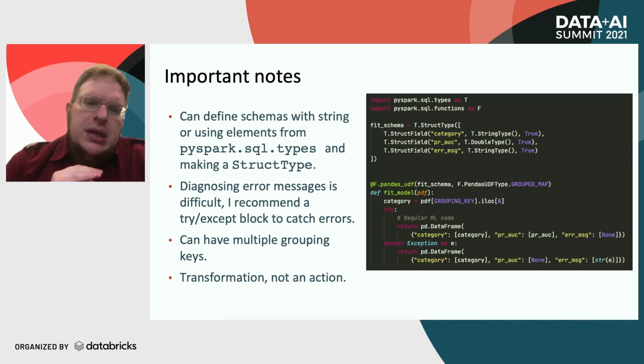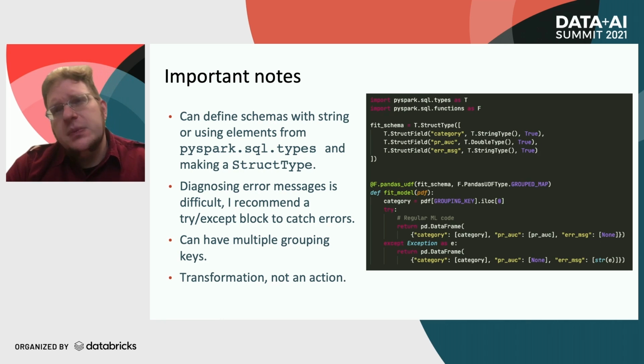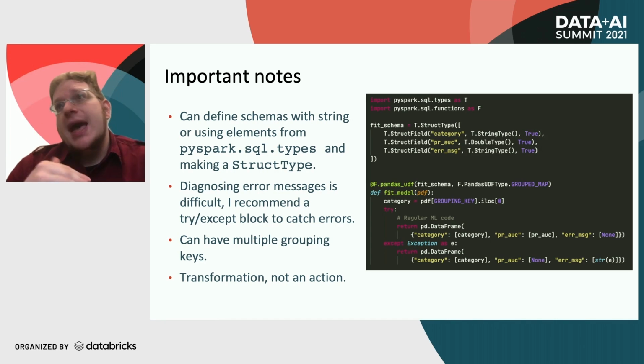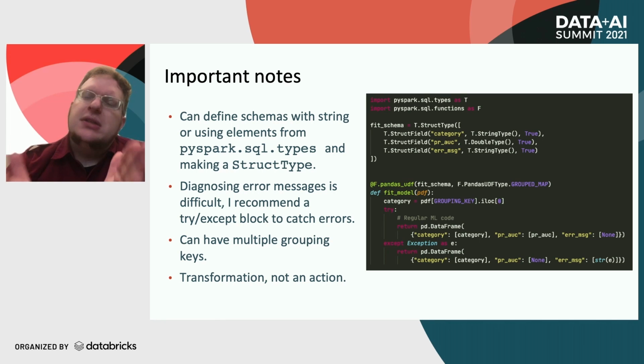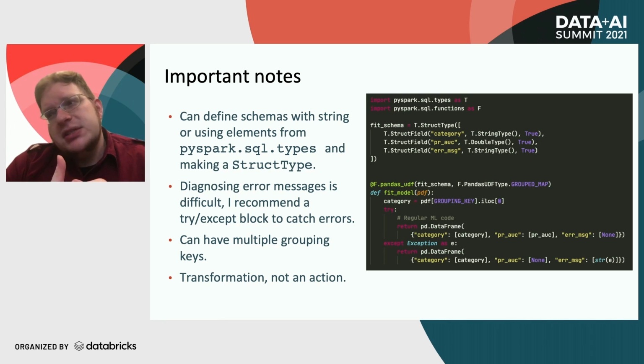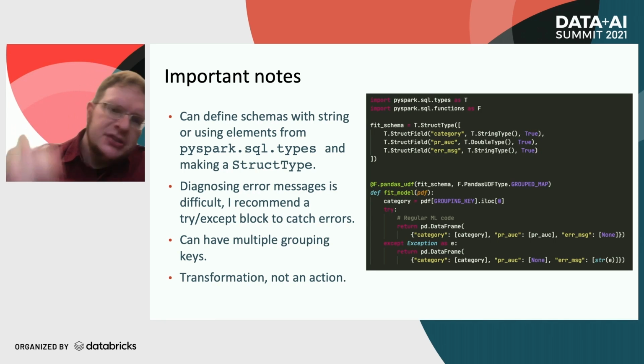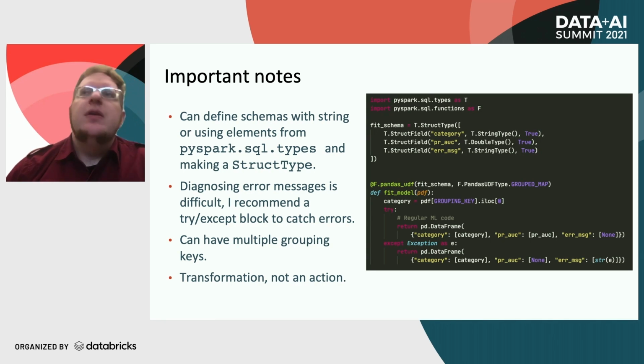Last thing to note is this is a transformation, it is not an action. When you initially run the apply method, it will simply add it to the queue of the things it needs to do. You'll need to run something like collect, count, save as table to actually run your PandasUDF and see if things ran as expected or if you run into any trouble.